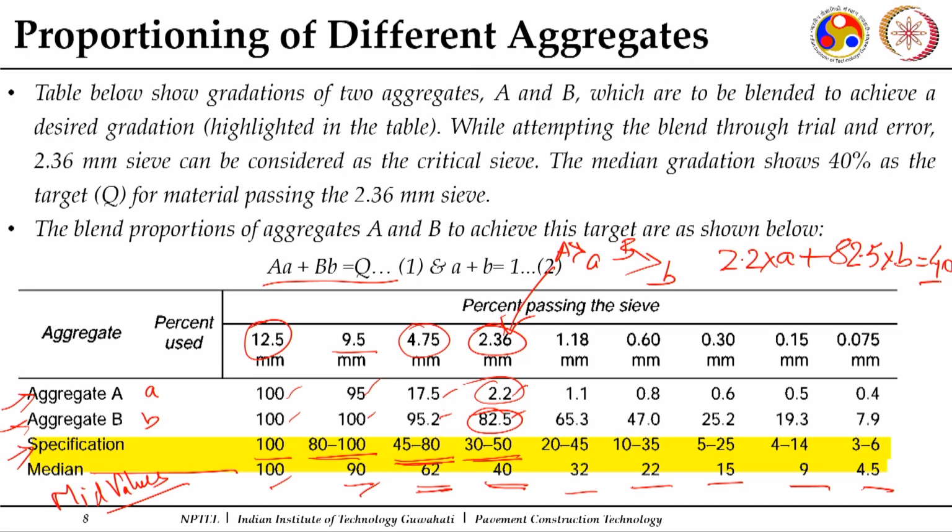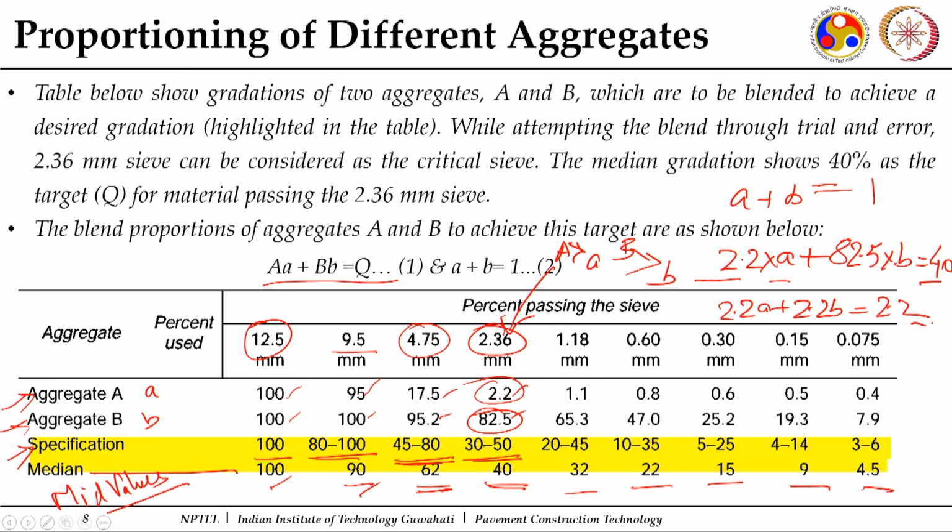This is my target. So, I will put my target value, and my expression says A plus B combined should be 1. So, I can simplify this as this one.